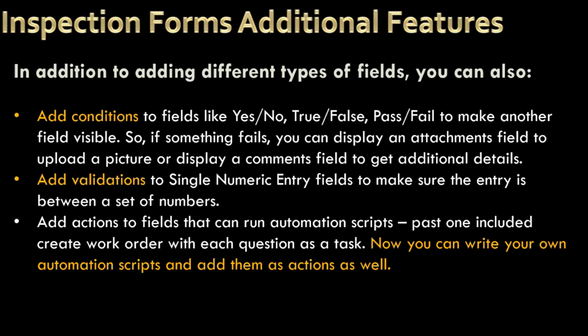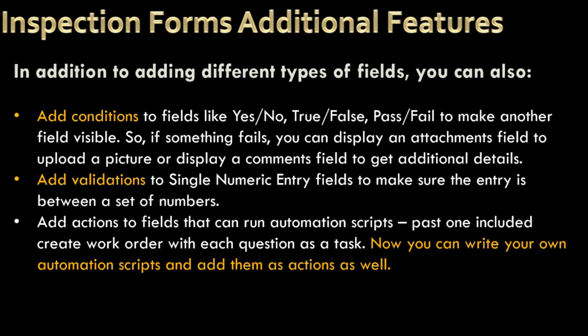Now, we have additional features on the inspection forms. I should probably have added the e-signature to this, but e-signature has been around since the very first version of the inspection forms, and it's available in regular Maximo screens. You can turn on e-signature for work orders when you change status, things like that. But we now have 3 other additional features. We have the ability to add conditions.